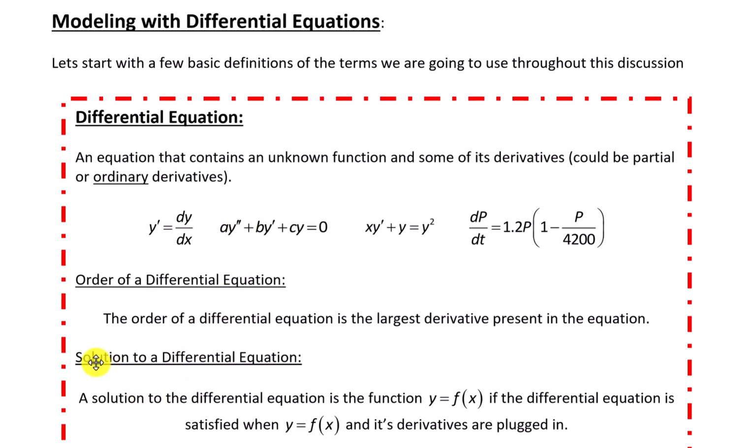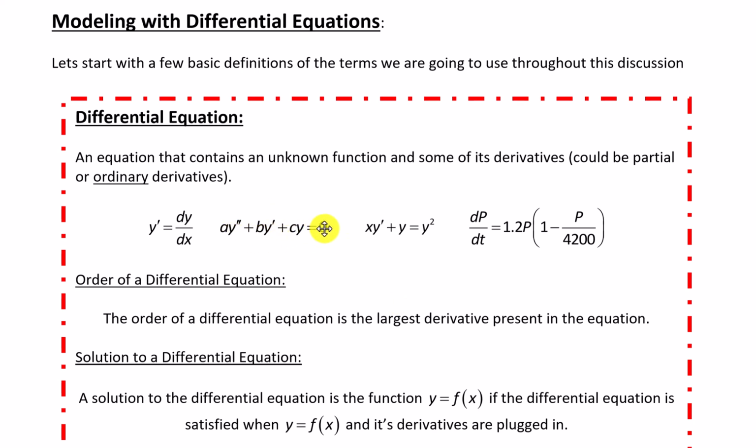Now, what is a solution to a differential equation? The solutions to differential equations are functions: the specific or general function that would satisfy the differential equation. So the solution to the first one would be the function y. Y is a function of x that satisfies y prime equals dy/dx.